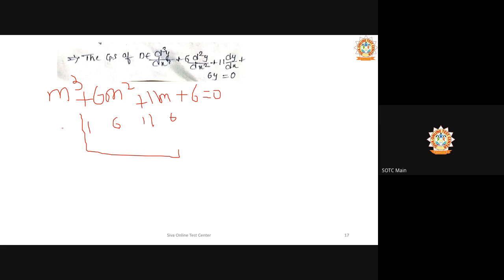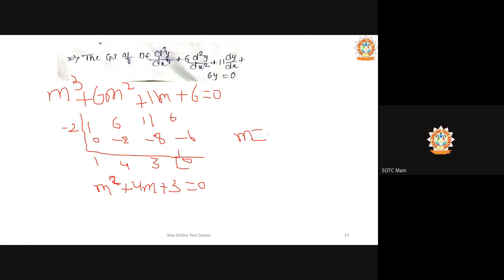So I'm considering minus 2. 0, then 1, minus 2 into 1, that is minus 2. 6 minus 2 becomes 4. 4 into minus 2 is minus 8. Here it will become 3. Minus 2 into 3 is minus 6. So plus 6 minus 6 will get cancelled. Answer is 0 here. So you will get another equation from this: m square plus 4m plus 3 is equal to 0.